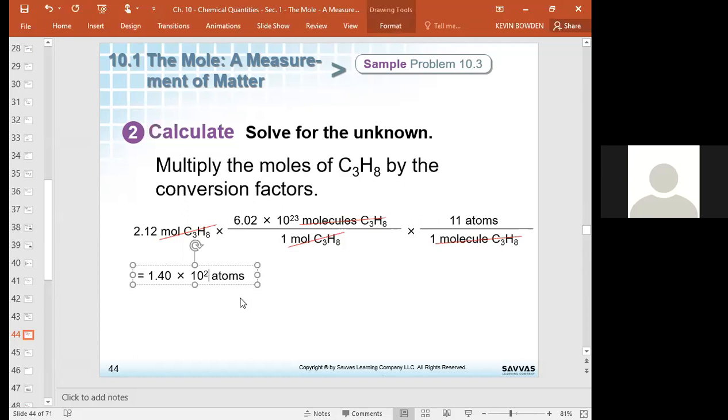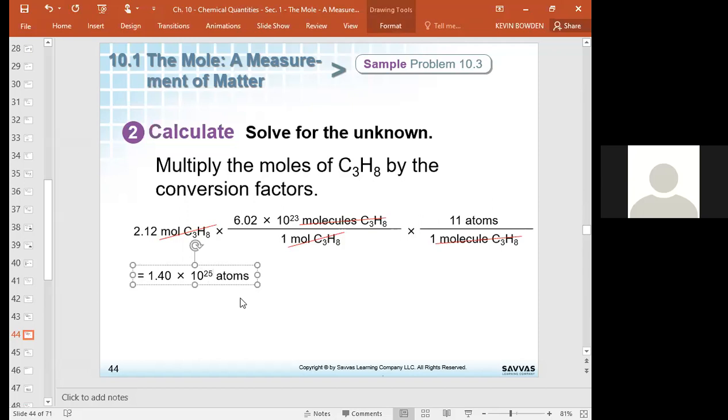Must be times 10 to the 25th. Yeah, I couldn't have gotten smaller. Maybe it's 24, no? All right, somebody take 2 times 6 times 11. Okay, 132.